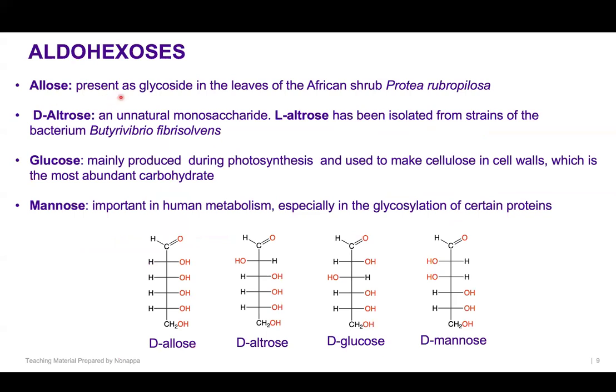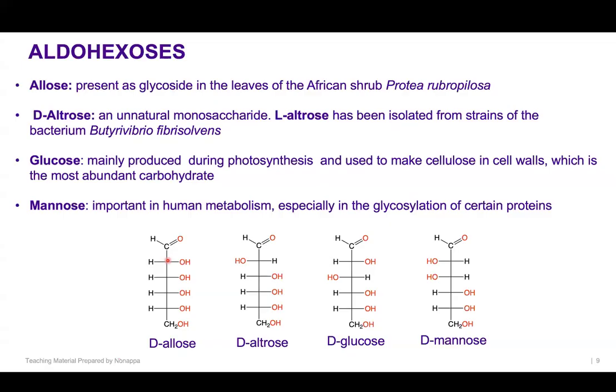Allose, D-allose, which is a glycoside, generally a sugar conjugate that is present in certain leaves or plant species. D-altrose, where one of the hydroxyl groups has a position different from allose, is an unnatural monosaccharide.